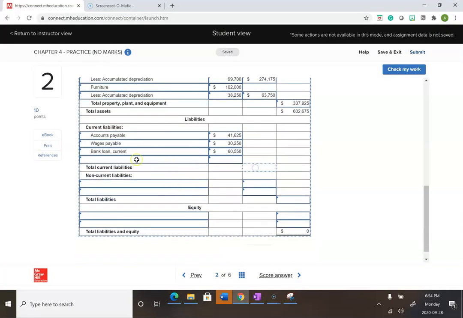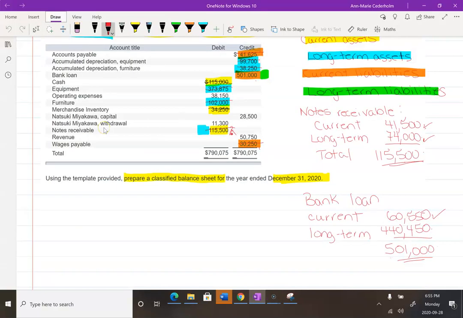And I'm going to add up my total current liabilities. So if you add the 41,625 plus 30,250 plus 60,550, that will give me total current liabilities of 132,425. And now my only non-current liability was the long-term bank loan.